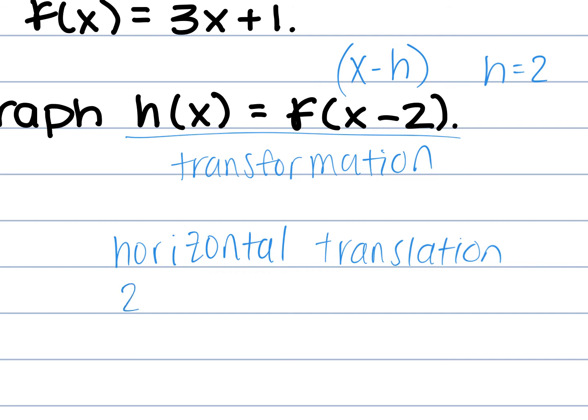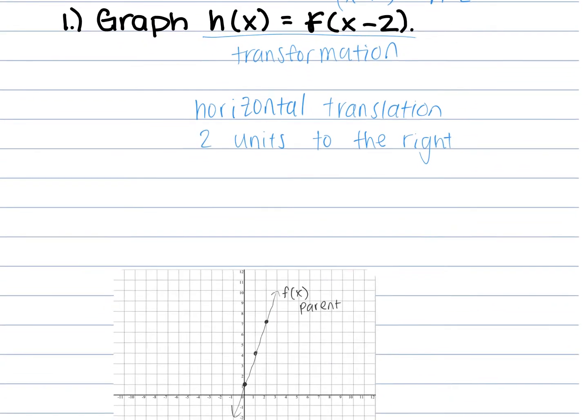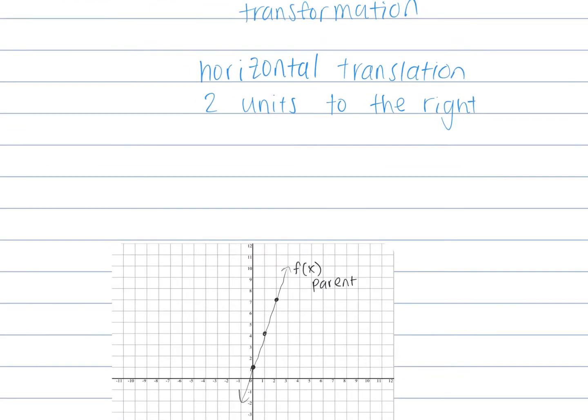It's 2 units to the right. Okay? That means we're going to take each of our points and shift them 2 units to the right. So take this point up top, move it 2 units. Take the middle point, move it 2 units. And take the bottom point, move it 2 units.